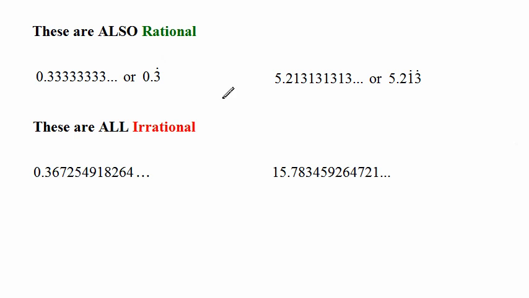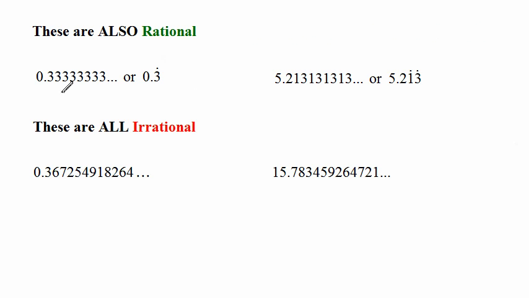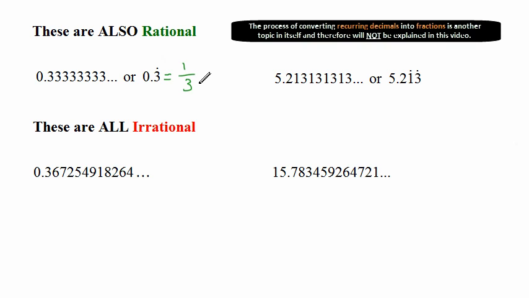So, when we have decimal numbers that contain a repeating pattern, we call them recurring decimals. And what you should know is that recurring decimals can be expressed as fractions. So this one here, which is 0.3 recurring, can actually be expressed as 1/3, which many of you may have already noticed.